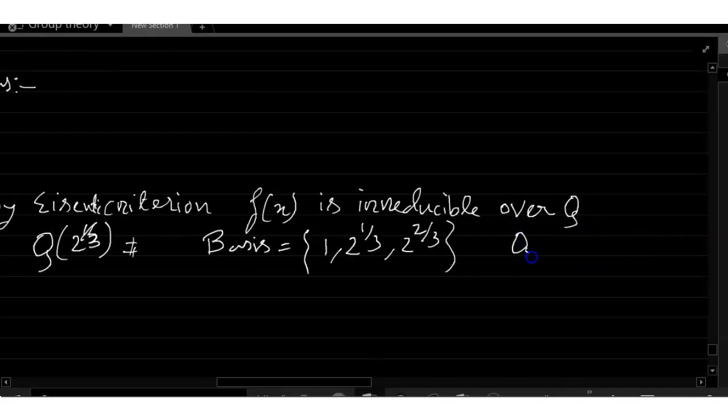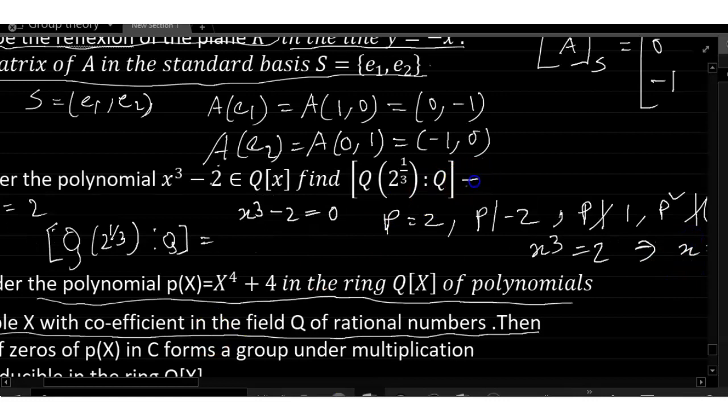So Q[x] divided by (x cube minus 2) is isomorphic to Q(2 to the power 1/3), and this value equals 3. Thanks for watching.